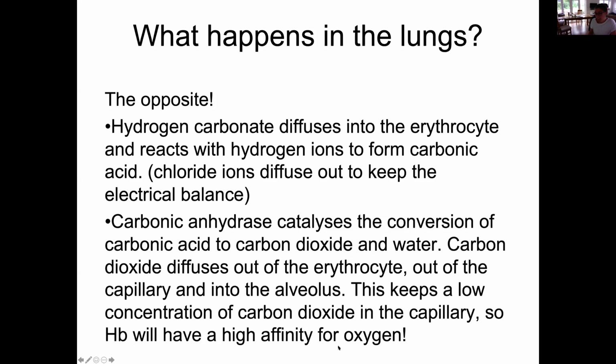So we make sure hemoglobin has a higher affinity for oxygen, because we're not going to have as much CO2 around. So our Bohr shift goes in the opposite direction in the lungs, and that makes it really useful for us.